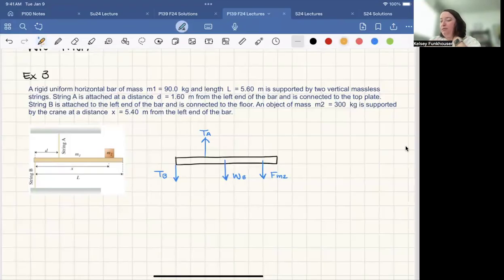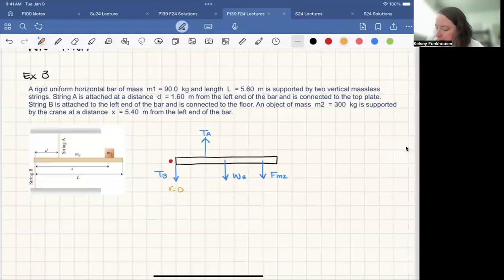And since we're looking for the tensions, which, sorry, I didn't say that, it makes sense to choose the location of one of the tensions to be the pivot point, because then we can solve for the other one with torque, and then the one we're using at the pivot point with force. So we are going to take our pivot point to be where string B is attached. And we'll solve for string B with force, or tension B with force.